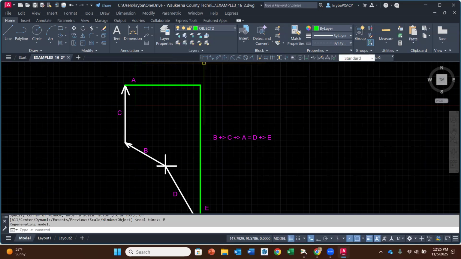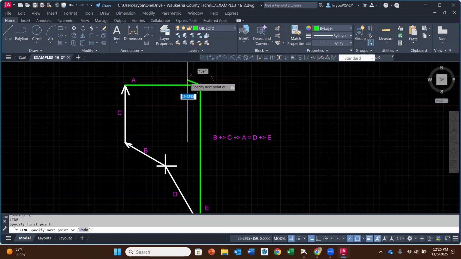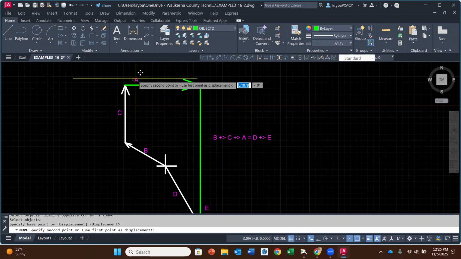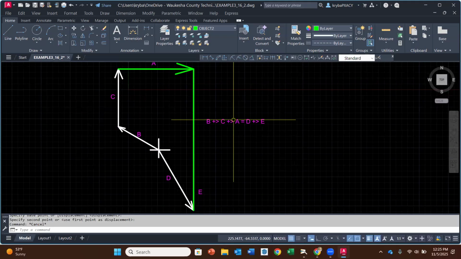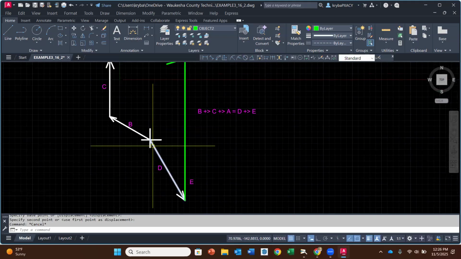Okay. So I'm going to go back to my object 2 and my arrowhead for A. I'm going to make it a little bit larger just because it's one of my final answers, going to be going to the right, right? It's because it's B plus C plus A. Then for E, we know that it's D plus E, so that means that E's tail is going to be at the tip of D, right?